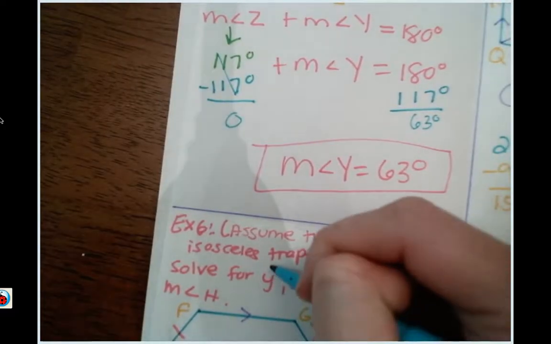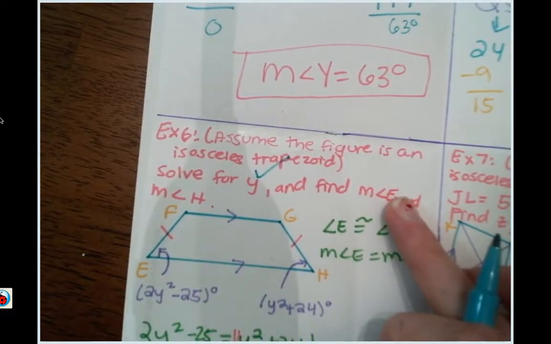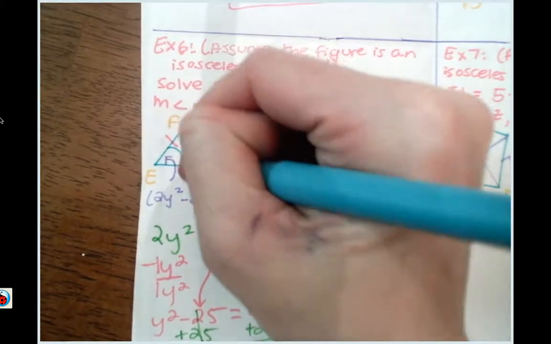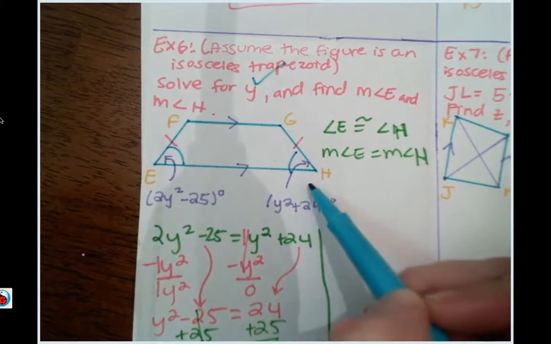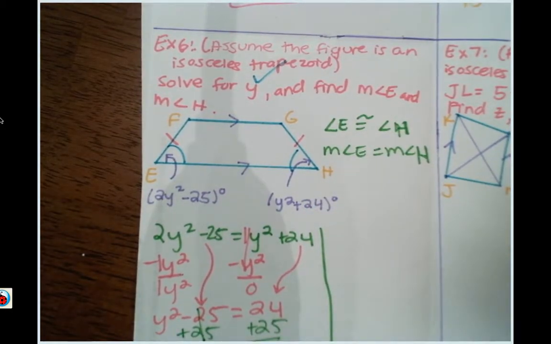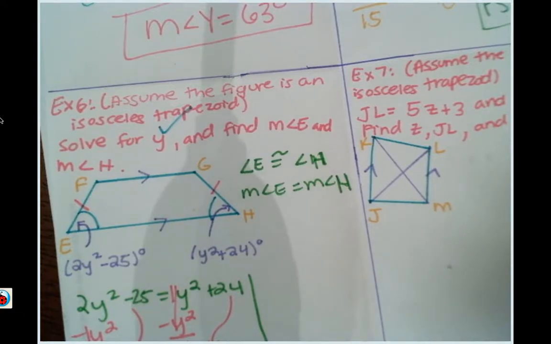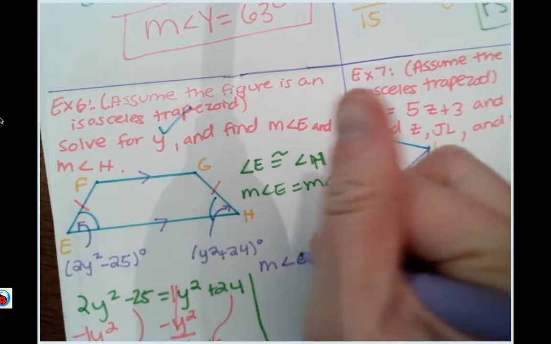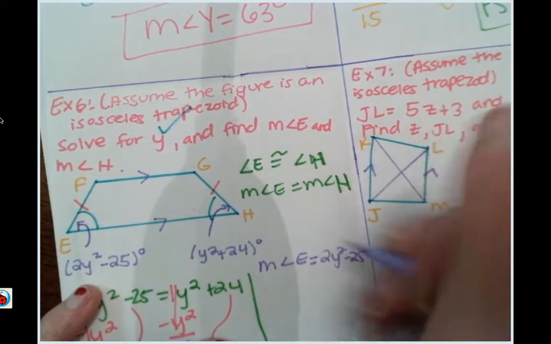So currently we know what y is. Bam! But now I want to find what angle E is and angle H, which technically we know are congruent. So if I find one of the angles, I should end up with the same value for my other angle. Let's see what happens. I'm going to solve the measure of angle E first, which is 2y squared minus 25.